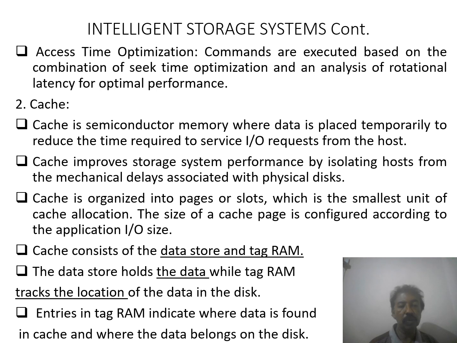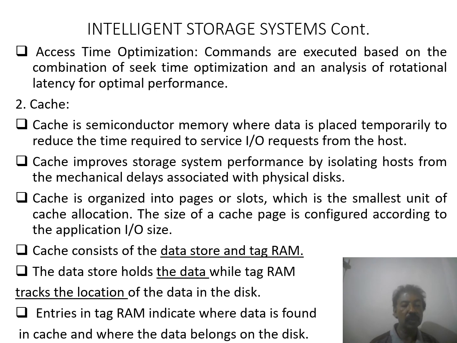The cache improves the storage system performance by isolating the host from the mechanical delays associated with the physical disk. The cache is organized into pages or slots, which are the smallest unit of cache allocation. The size of the cache page is configured according to the application I/O size.